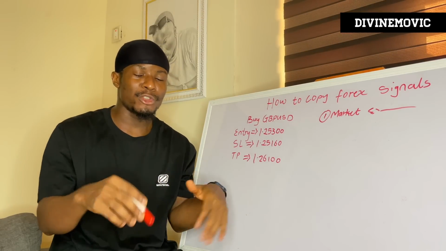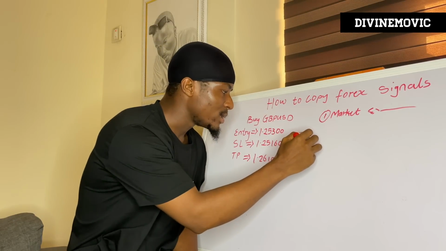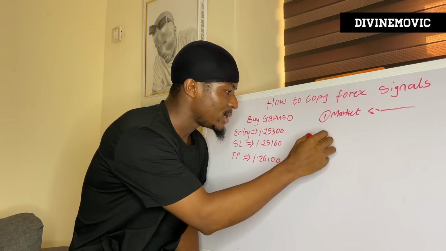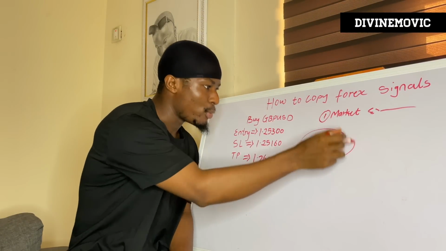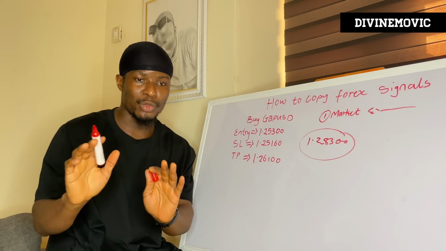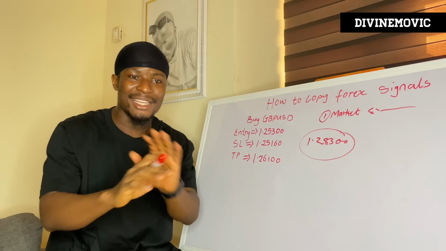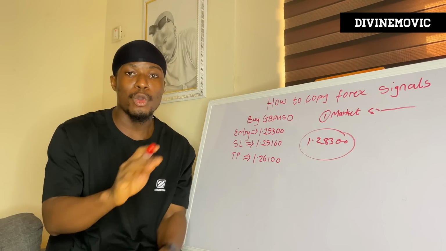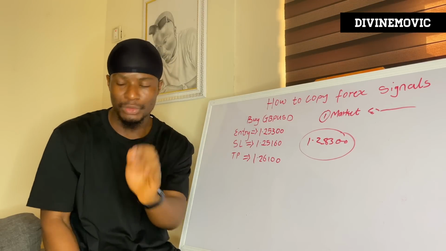That means if you come to the market and the price is currently, let me say, 1.28300, you're simply telling the price that you want to buy from this current position that the price is. That is referred to as market execution. Whenever you come to the market, at any price the price is, that's where you're going to buy from or you're going to sell from. It is referred to as market execution.